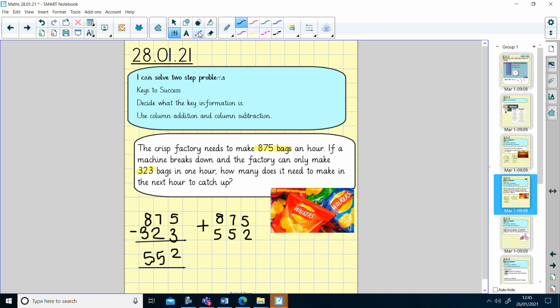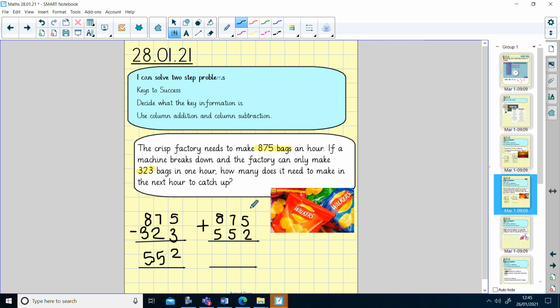Okay. And what really helps me when I'm solving problems is just to think about the story. Think about and imagine what that problem would look like if you worked in that factory and you knew your machine had broken and you've got this extra to make up. It's what you're adding together to make up the extra.